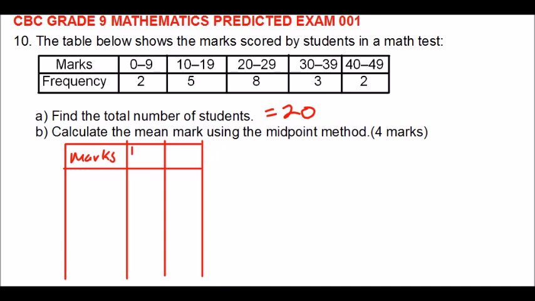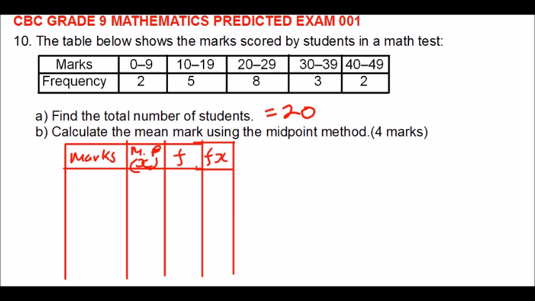Then the other one is midpoint, which we can call x. The other one is frequency, we can use f. We need another column, and this column will be the product of f and x.